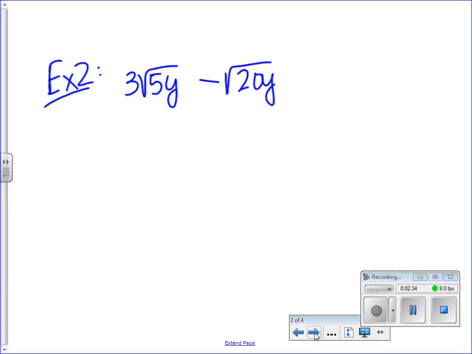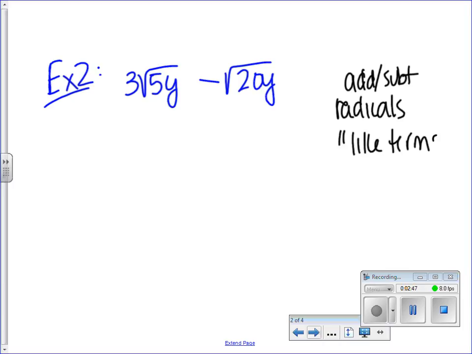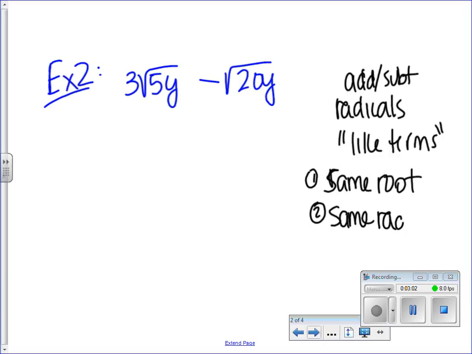So this relates to when we add and subtract radicals. We're going to do the same thing. So in order to add and subtract radicals, they need to be like terms. And in order to be considered like terms, they need to have the same root, same radicand, like exactly the same root and radicand.